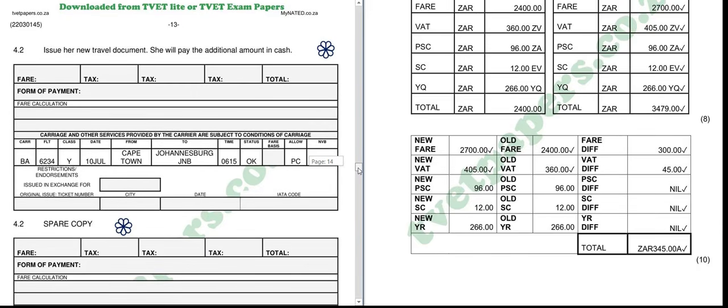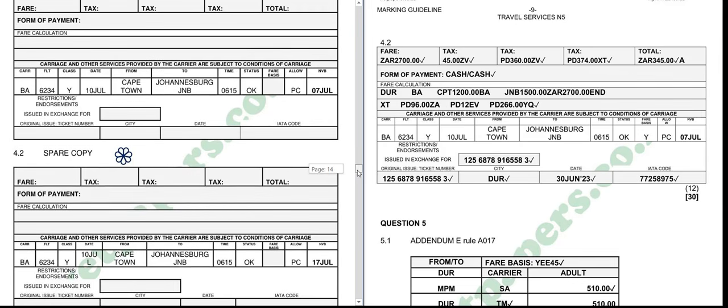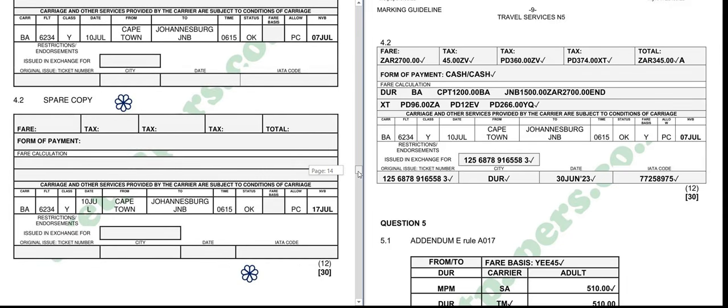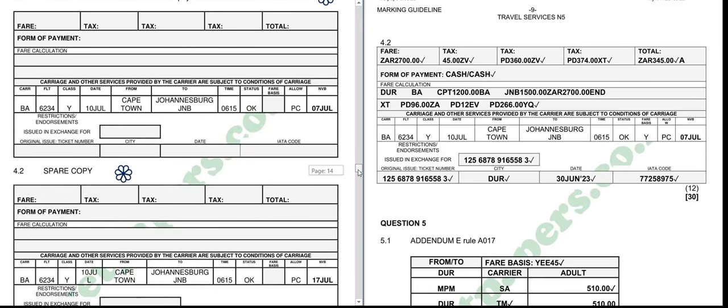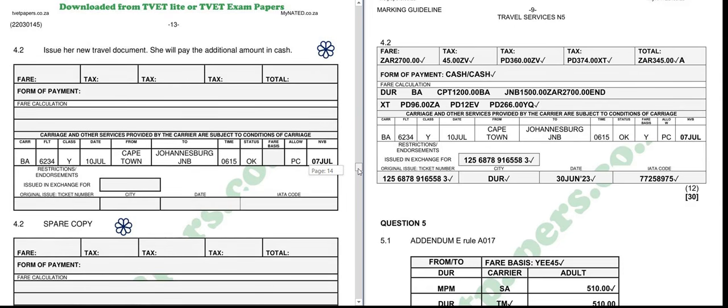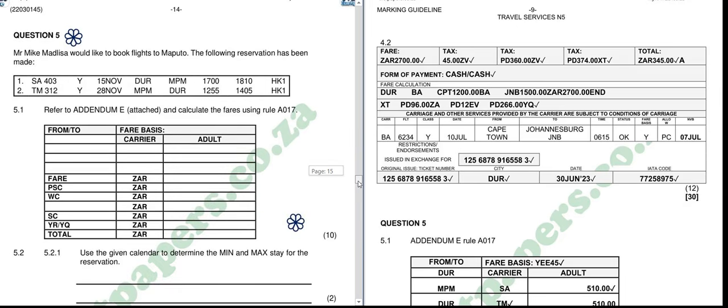4.2, this is our question, and in terms of our responses. Going down, we see now question 5.